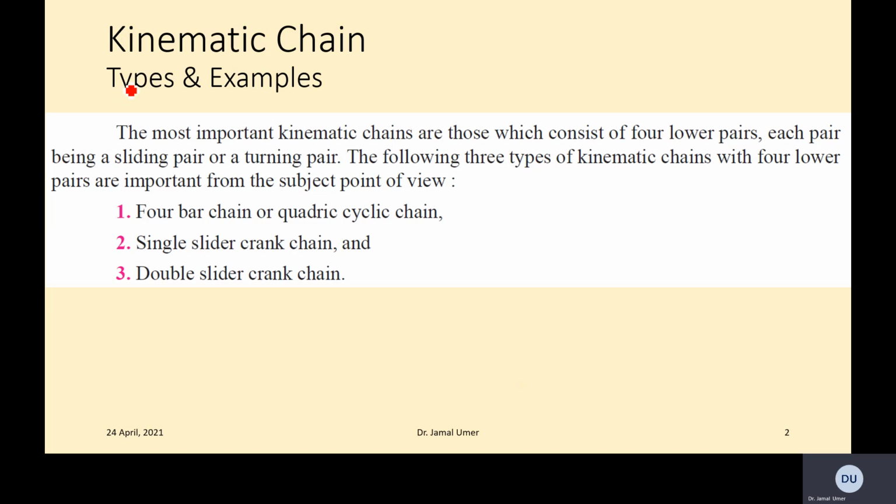So what it says is the most important kinematic chains are those which consist of four lower pairs. Of course, there are a variety of different mechanisms which we studied in the last lecture from Theory of Machines and Mechanisms by Shigley, and that included mechanisms from one of the research papers.